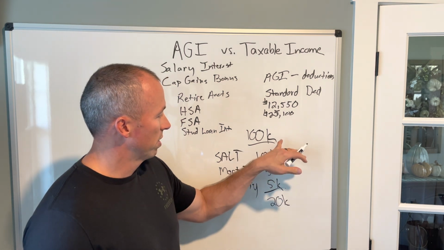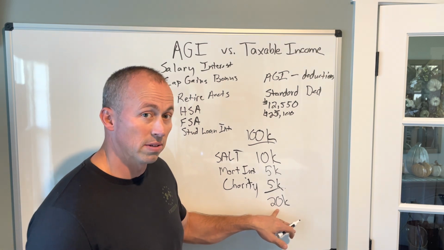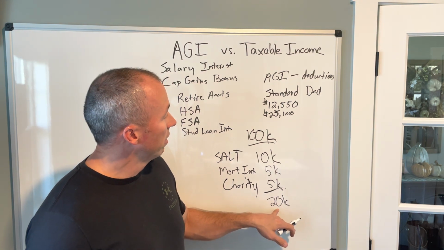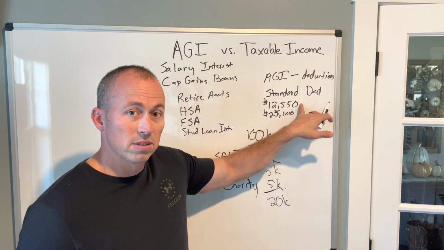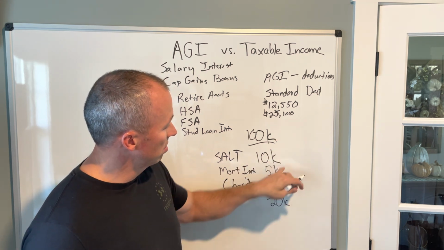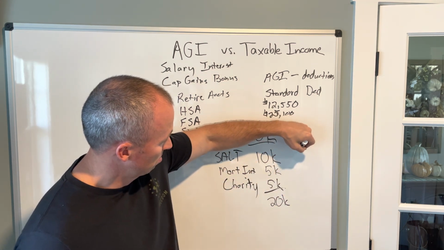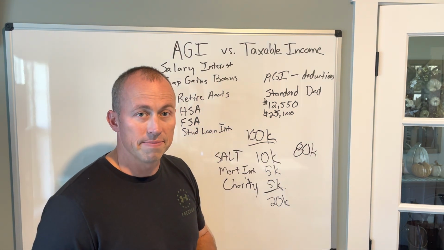So we've got AGI of 100,000. We've got itemized deductions of 20,000. So if this person is single, that 20,000 is bigger than the standard deduction of 12,550. So we're going to deduct 20,000 from 100,000 to get taxable income of 80,000, right?